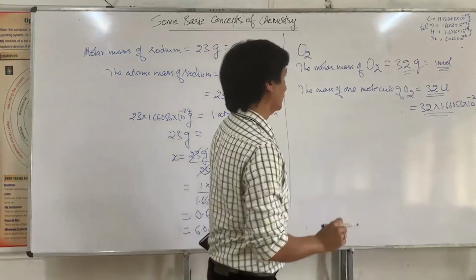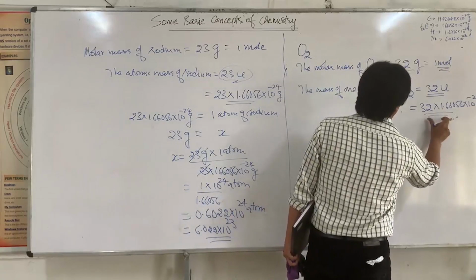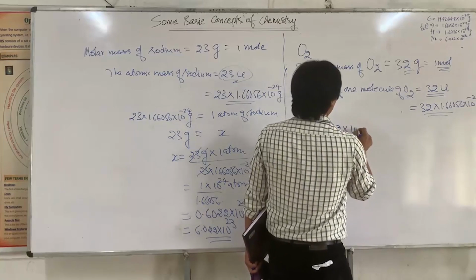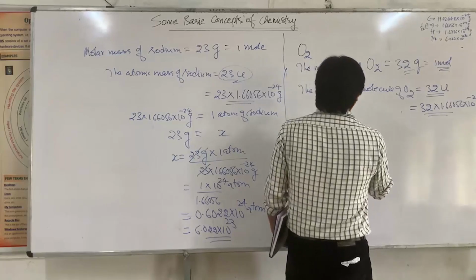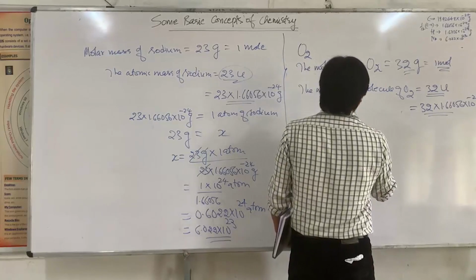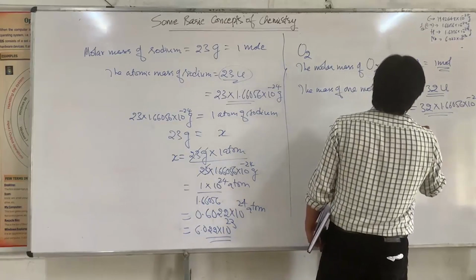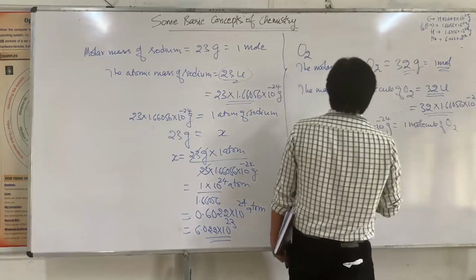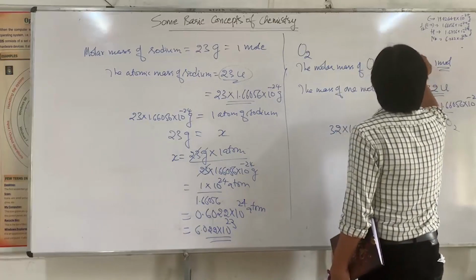So now let's see. 1 molecule has this mass, right? So I put it this way: 32 into 1.66056 into 10 raised to power negative 24 grams is 1 molecule of oxygen.